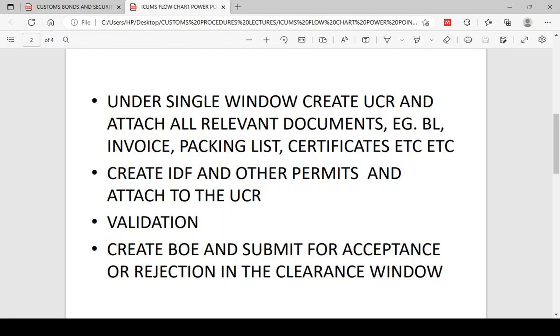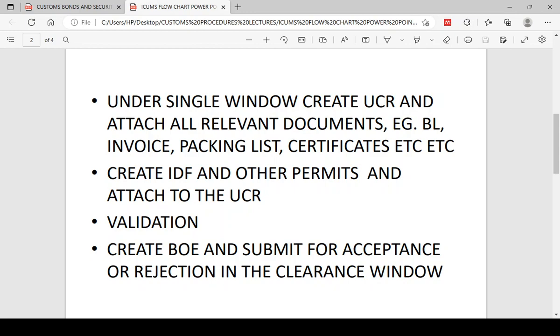You go under the software, the single window, drop the arrow, and create your UCR. Because this is principally a document-carrying file, you attach all relevant documents to it with regard to a specific transaction, depending on the regime, the import you are doing, the export, and even free zones. They will require certain specific documents.